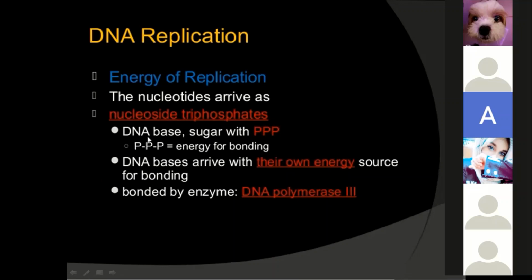So there is a DNA base with a sugar and 3 phosphates, which provide energy for bonding. DNA bases arrive with their own energy source for bonding. The enzyme responsible for binding is DNA polymerase 3. There are different kinds of DNA polymerases, which I'll tell you about after some time.